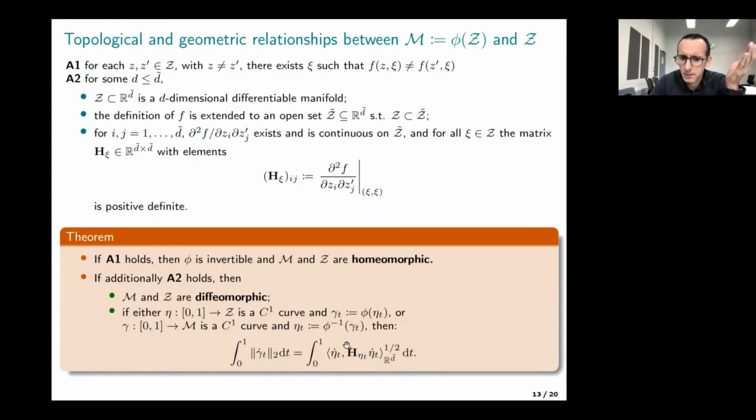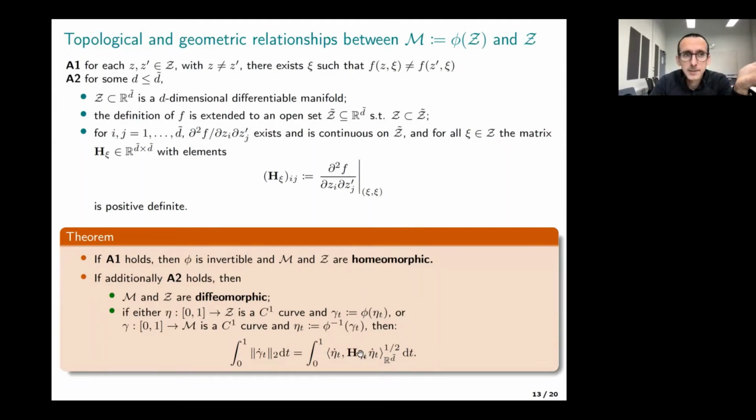Okay, but it's not just the length of a curve in the usual Euclidean sense, it's the length of a curve measured with respect to this kind of inner product where we've introduced a matrix H. Okay, and it turns out that this family of inner products, which appear here, are something called a Riemannian metric.